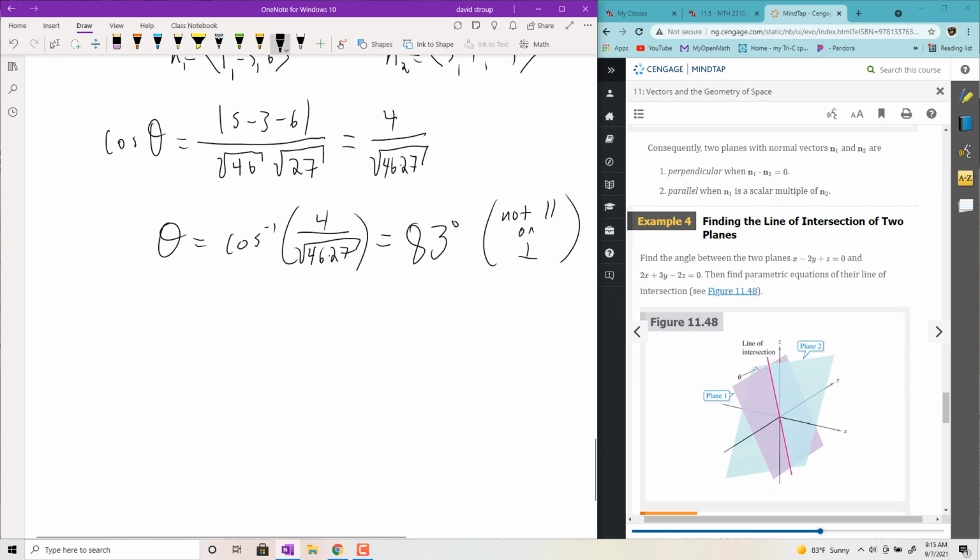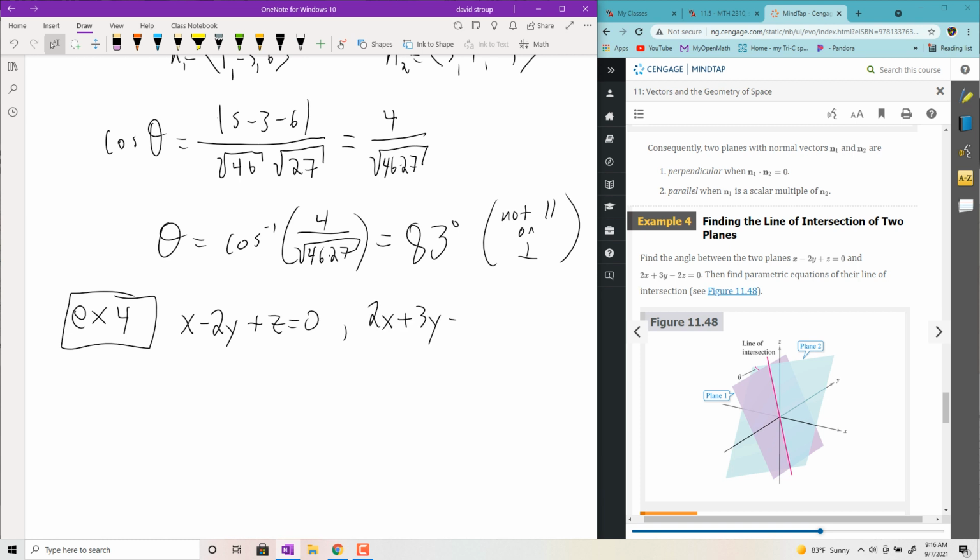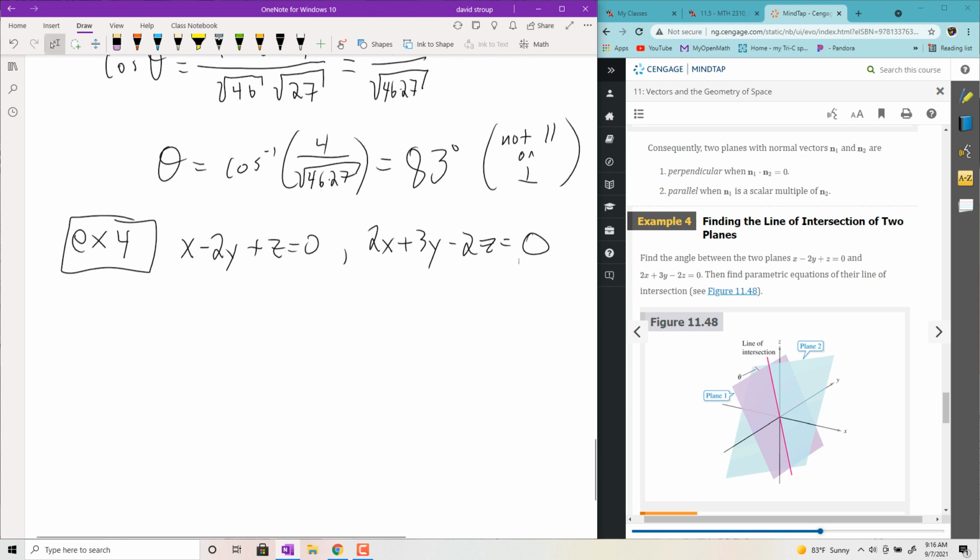I remember one question where they are finding the line of intersection between the planes. So how does this work? They give you two planes. 2x plus 3y minus 2z is 0. You basically do a system of equations.